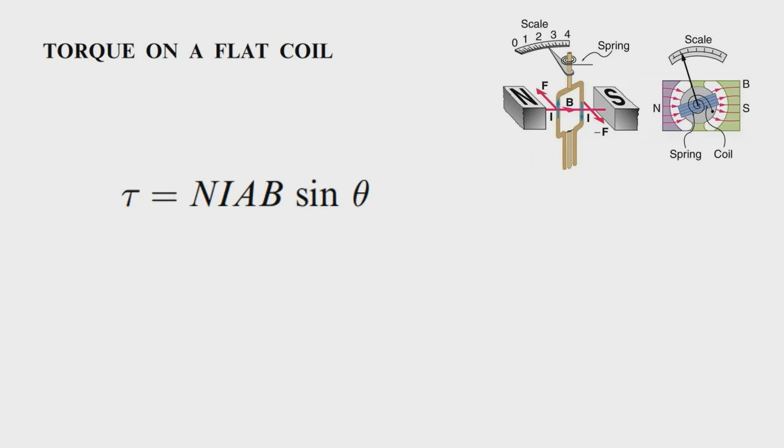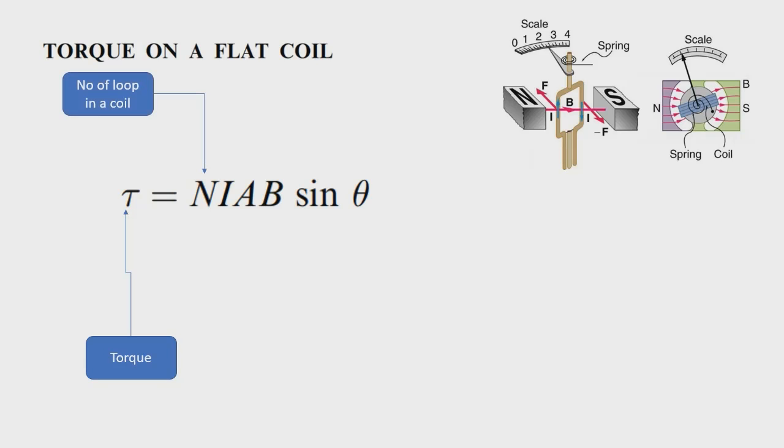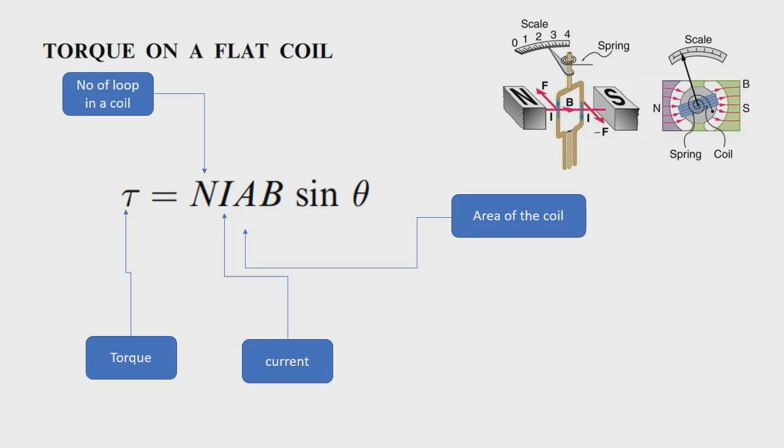This is given by the symbol tau, which means torque, and torque or tau is equal to N, which is the number of loops in a coil, times I, which is the current, times A, which is the area of the coil, times B, or the magnetic field strength, times sine theta.